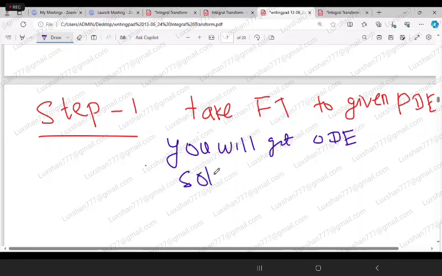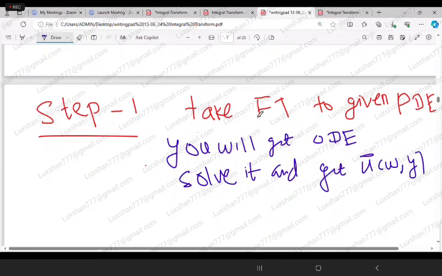Solve it and get u bar(omega, y). This is the first step: take the Fourier transform of the given PDE, then you will get an ODE, solve it and get u bar(omega, y).